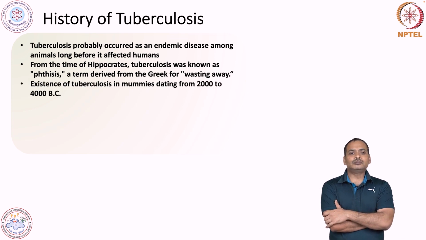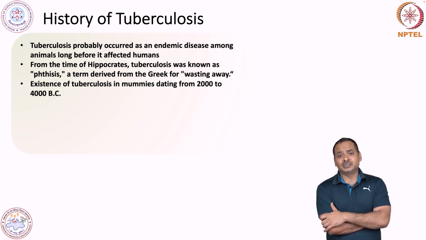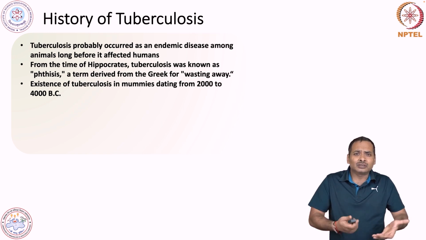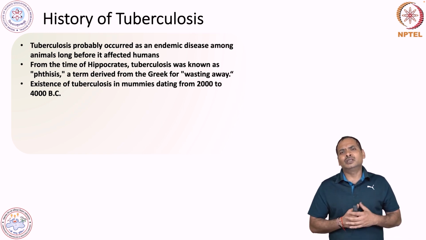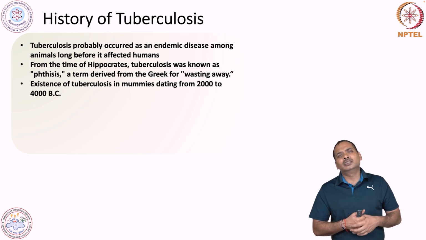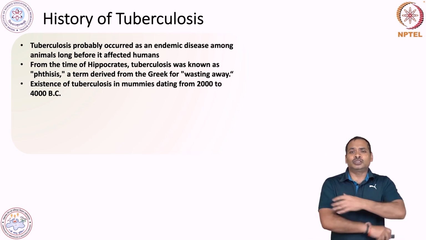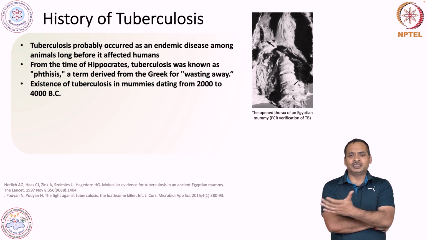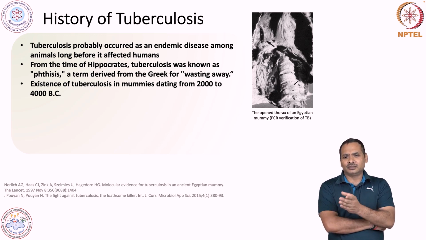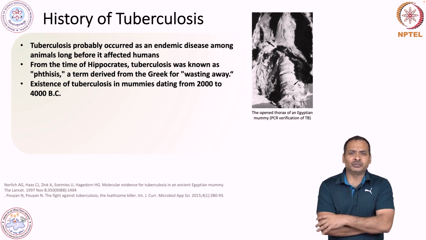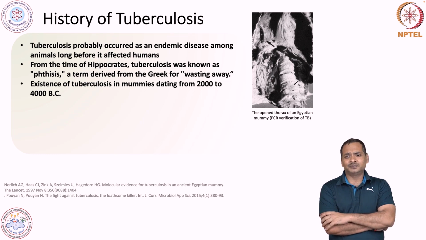The existence of tuberculosis in mummies dates back to 2000 to 4000 BC. It is already very well documented that such old mummies also had tuberculosis. Here you can see an Egyptian mummy that had tuberculosis, verified by PCR.